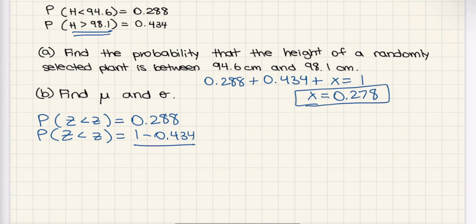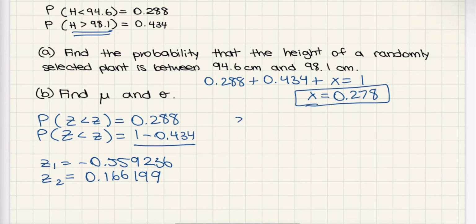Okay, so let's say that we look on our z-score table. What do we find? We're going to find that z1 is equal to negative 0.559236, and that z2 is equal to 0.166199. So recall that the z-score in general is equal to the number x minus the mean mu over the standard deviation.